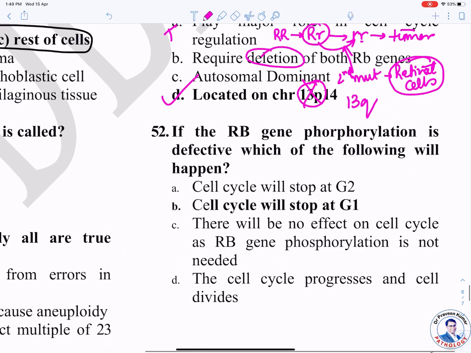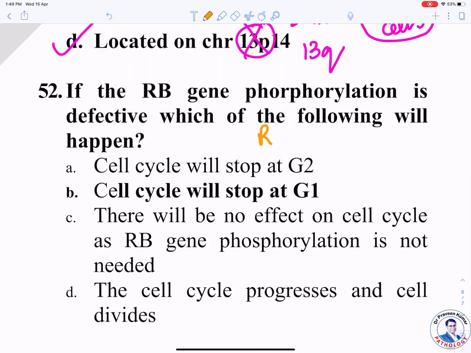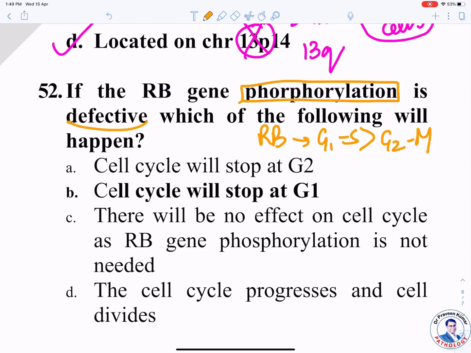Okay. 52. Again, many of you got confused. Still understand that RB gene action is on G1S more than G2M. So if RB gene phosphorylation is defective, that means if RB gene is not phosphorylating, remember it's defective. So what will happen?